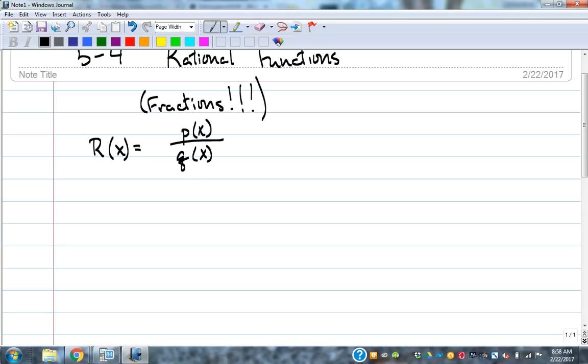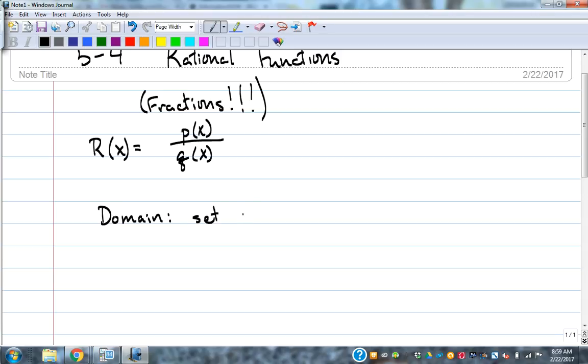But one of the things that we're going to find for a rational polynomial function is domain. We've been doing domain every section, anything we've talked about, we talked about domain. To find the domain of something that's a fraction that has x's in the denominator, what do you do?